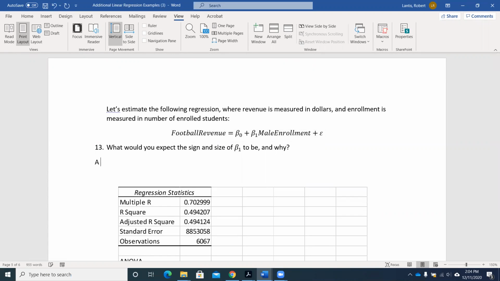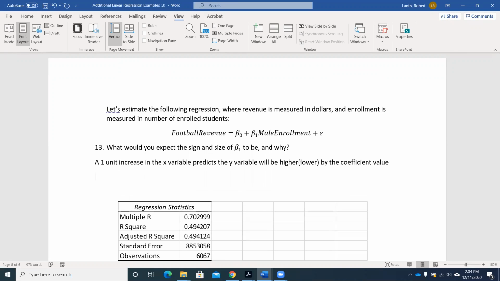The general interpretation is that a 1 unit increase in the X variable predicts the Y variable will be higher, or if it's negative, lower, by the coefficient value, okay?